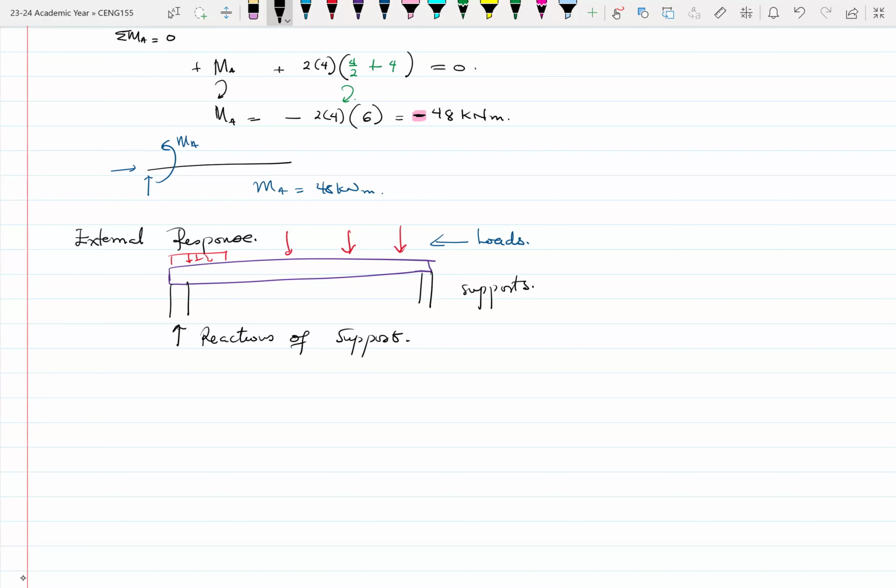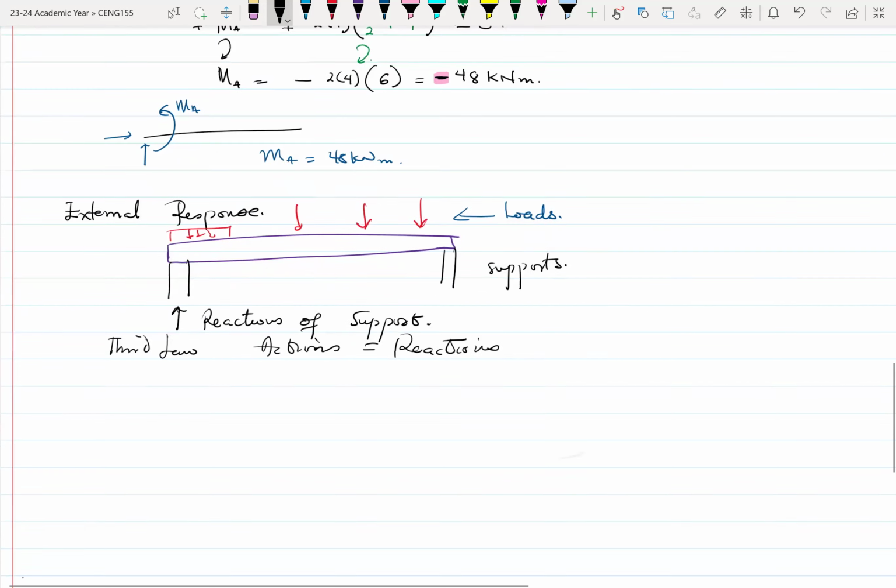Primarily we've been focusing on Newton's third law, that actions are equal to reactions, pretty much. So our loads here are the actions, right? And that's what we've been doing.